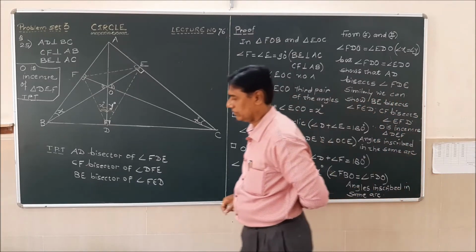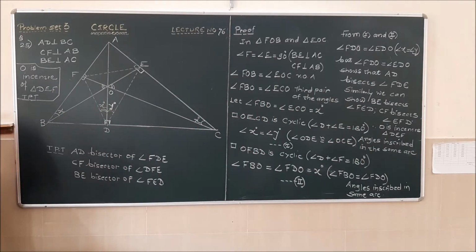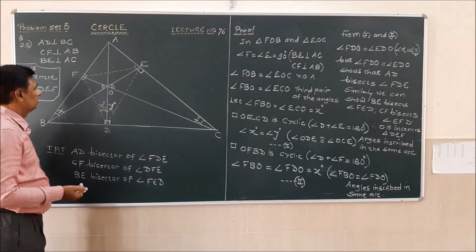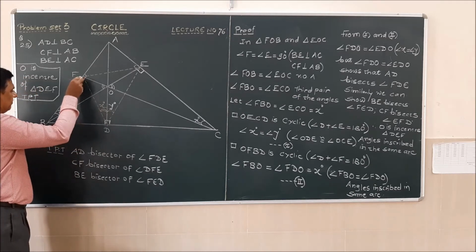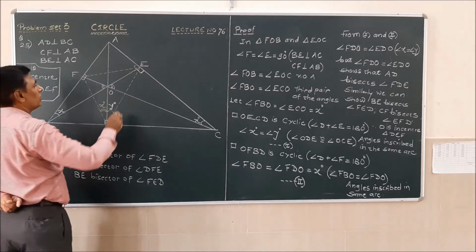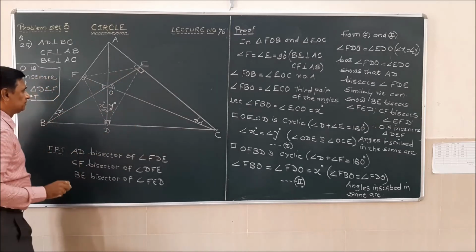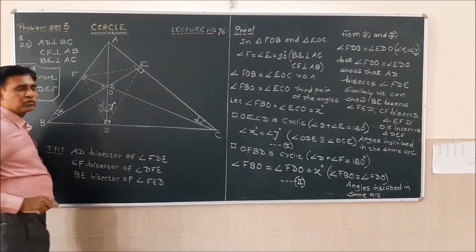Okay. So please try to understand. Not so difficult. Only you have to understand basic things. What is that? FBO is a triangle. Fine. EOC is also a triangle. These two are vertically opposite angles.